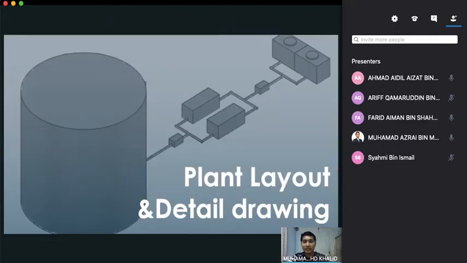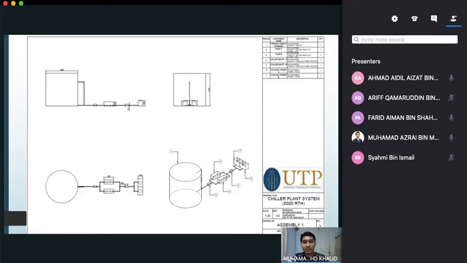Then the plant layout and detail drawing. This is our actual design, where you can see the equipment in this drawing, such as the 2 pumps, 2 chillers, and 2 cooling towers.